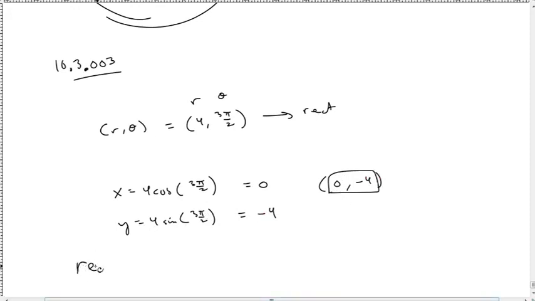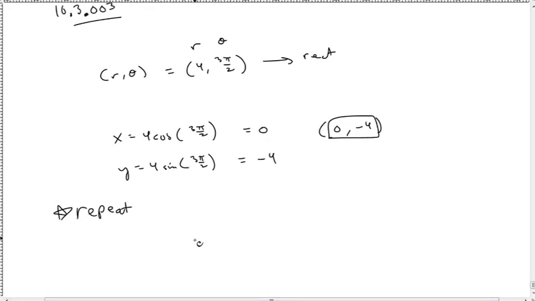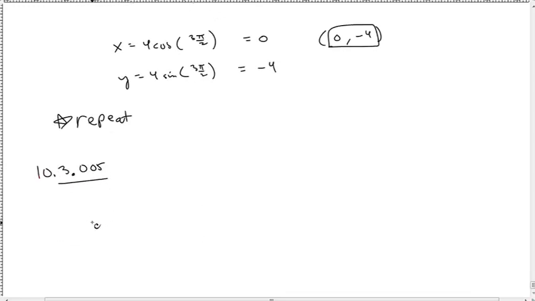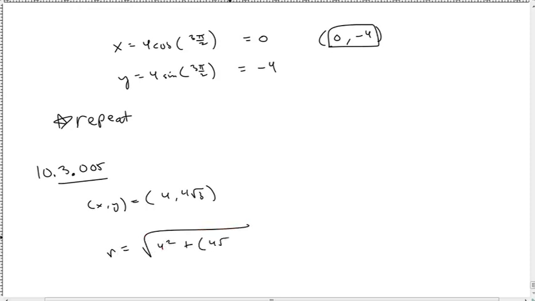I have a little repeat note here because apparently there's more than just this one on this particular question. But it's very simple. I've got my xy point is equal to (4, 4 square root of 3), and they say find r and theta. Well, my r is going to be the square root of 4 squared plus 4 square root of 3 all squared.